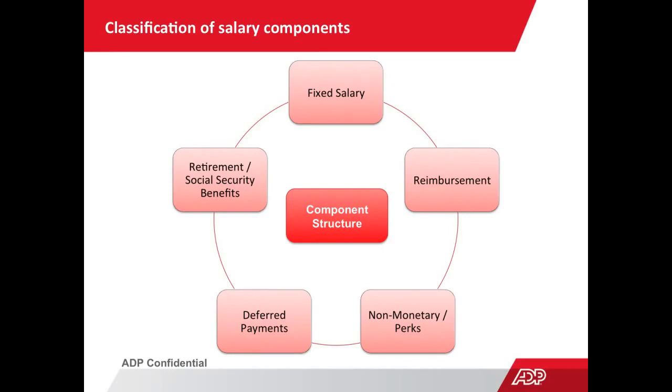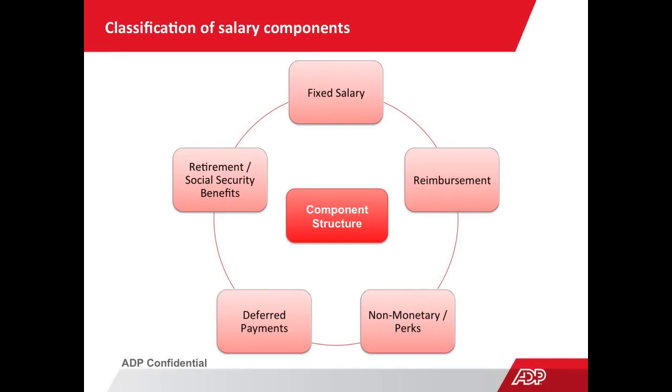So let's go back and understand what these salary components are and how they are structured. As a classification, the entire salary is divided into 5 major parts when you are giving compensation to any employee. The first is fixed salary, which you pay month on month and is a fixed element.